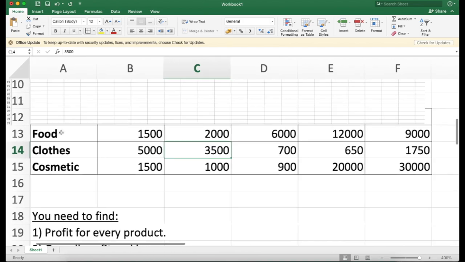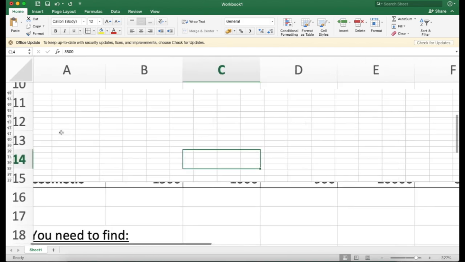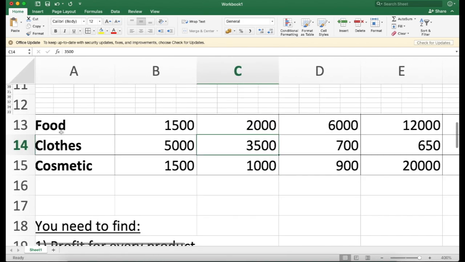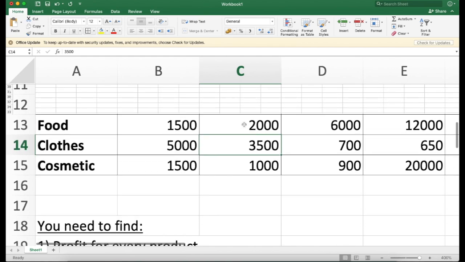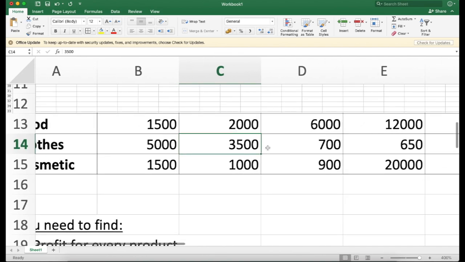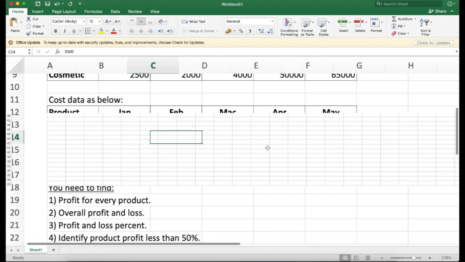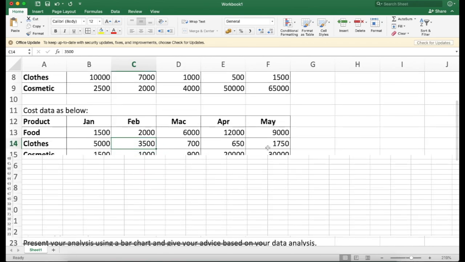So cost for the food on January, February, March, April, and May. So this data you need to analyze.